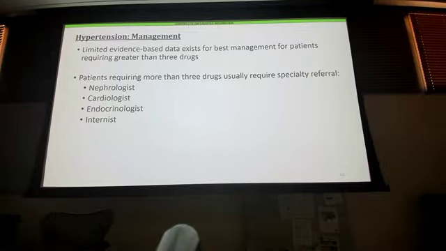If you do have a patient and they insist they're compliant with their medications, then maybe you need to send them to other experts like nephrologists, cardiologists, endocrinologists, in order to have them do their own evaluation to see, is there maybe a secondary reason for this blood pressure control difficulty?